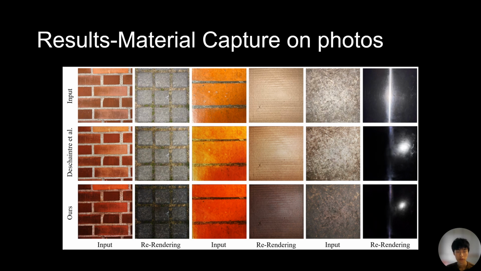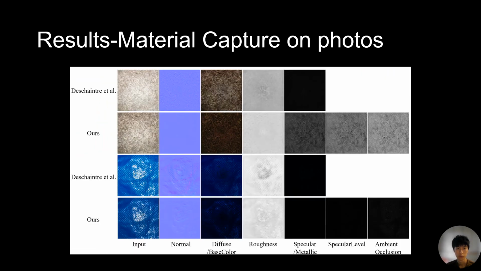Here are some results of material capture. We input some photos captured with a cell phone under its built-in flashlight. Below you can see the reconstruction results of Deschamps' work and our work. While our work preserves good quality of the input images, we have better glossy results compared to Deschamps' work.